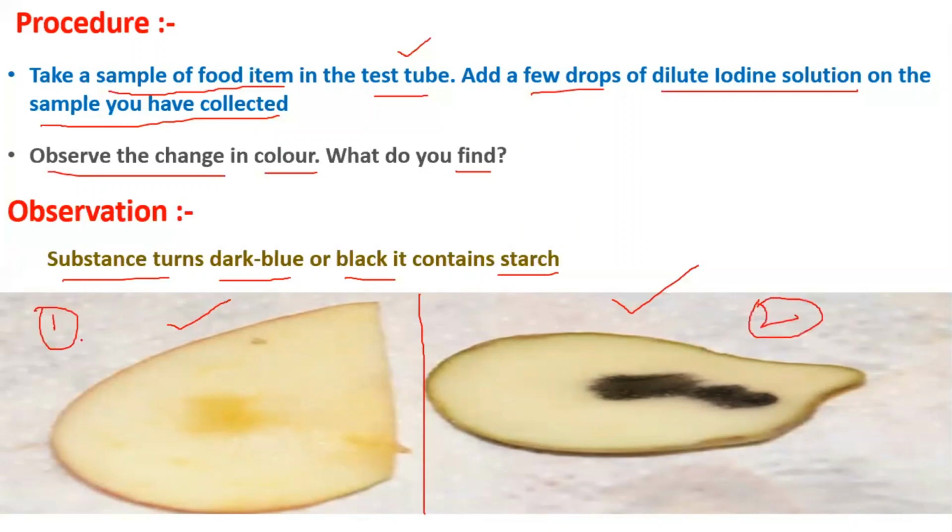In the first picture I have taken an apple piece, in the second picture a potato. On the apple piece I added a few drops of iodine solution, and it didn't change color. I poured a few drops of dilute iodine solution on the potato piece in picture 2, and if you observe, there is a change in color.